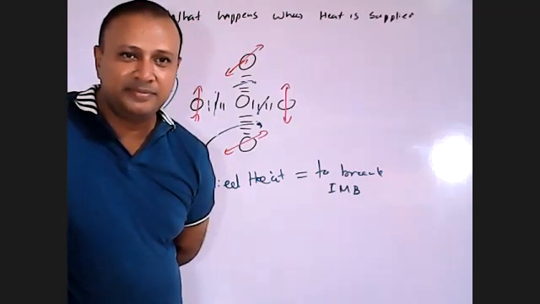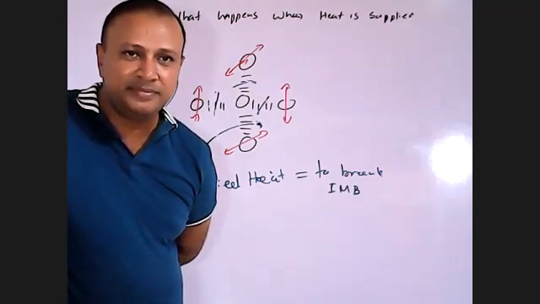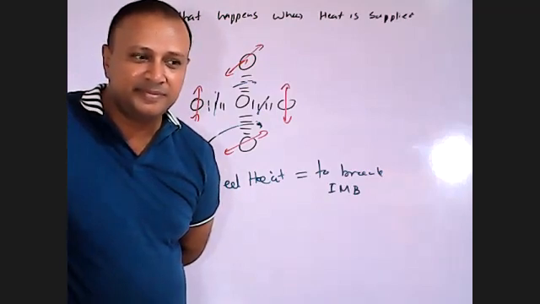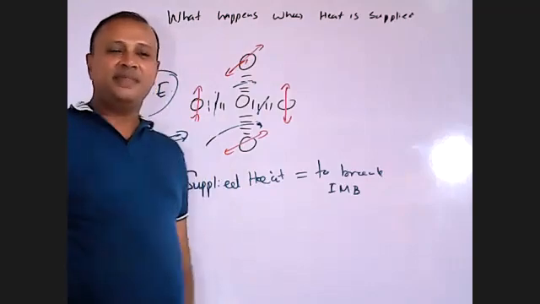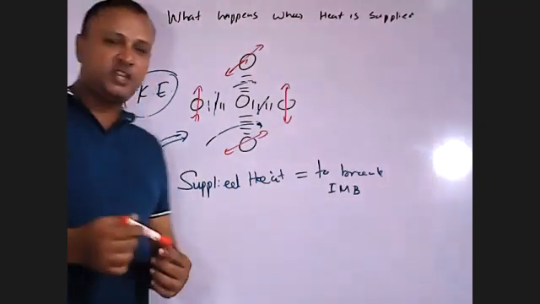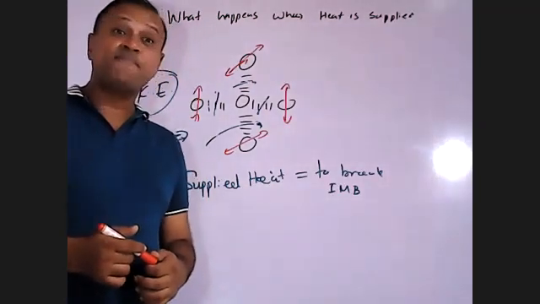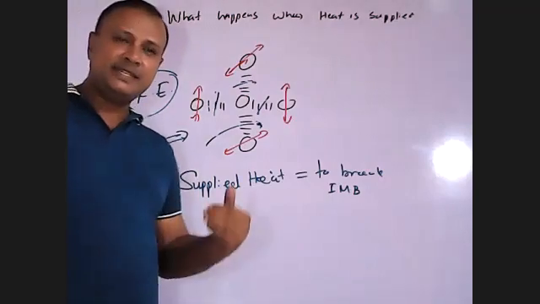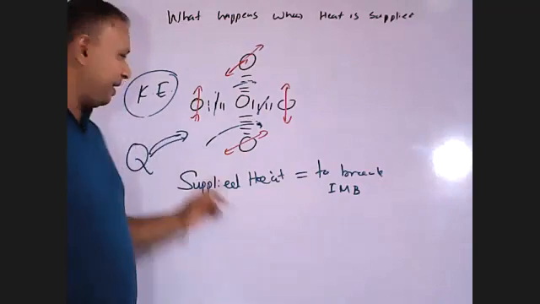So that means when there's a state change, at that time the temperature remains constant. When there's a phase change, there won't be a temperature increment. That's why we call it latent heat.